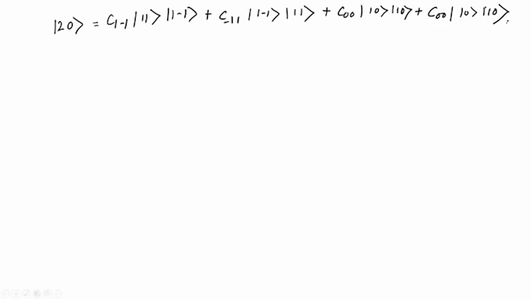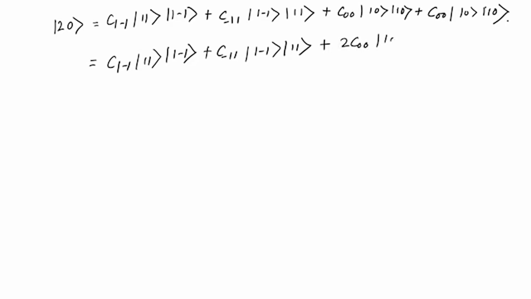Okay, so there are 3 distinct combinations, and so this is equal to a C(1,-1) with |1 1⟩|1 -1⟩ and a C(-1,1) with |1 -1⟩|1 1⟩, and plus this is really 2 C(0,0)|1 0⟩|1 0⟩.